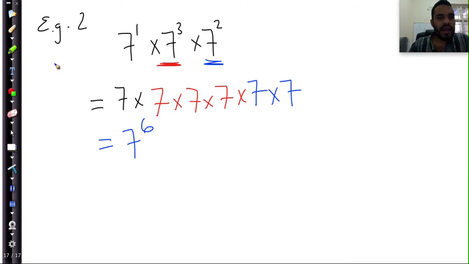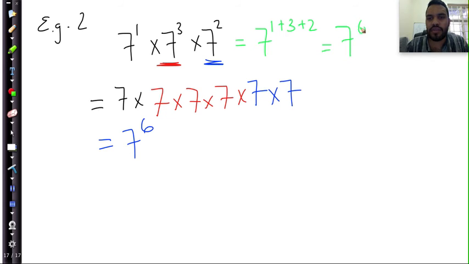Using the exponent law, I could have also said this is the equivalent of the following. That is the same as saying 7 to the power of 1 plus 3 plus 2, which gives me 7 to the power of 6. So from now on we're going to use the exponent laws straight away without breaking it down further.